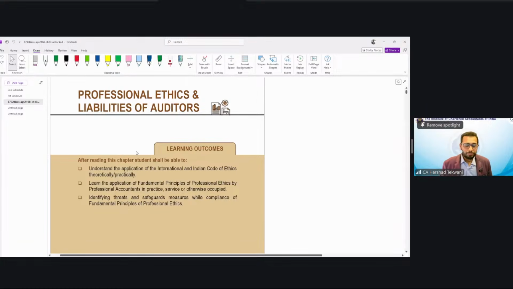Now, before I venture into the second schedule, just one thing: the first schedule and the second schedule, as I mentioned in my previous session, the way you need to write is the way it is written in the law. These schedules, the clauses and everything are part of the Chartered Accountants Act. So you cannot deviate from the way it is written.